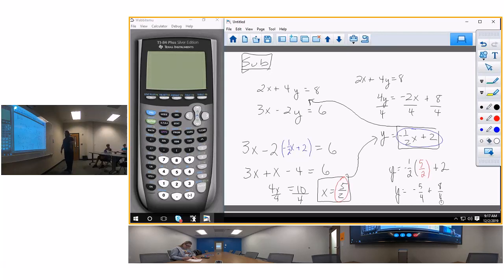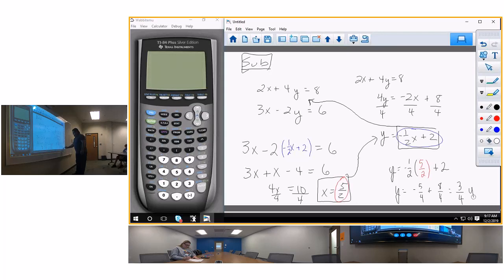Check my math. Negative 5 plus 8, that's 3/4. Is that what we got? Yes. So y is equal to 3/4. So your answer, the intersection of these two lines, is 2.5, comma, 0.75.